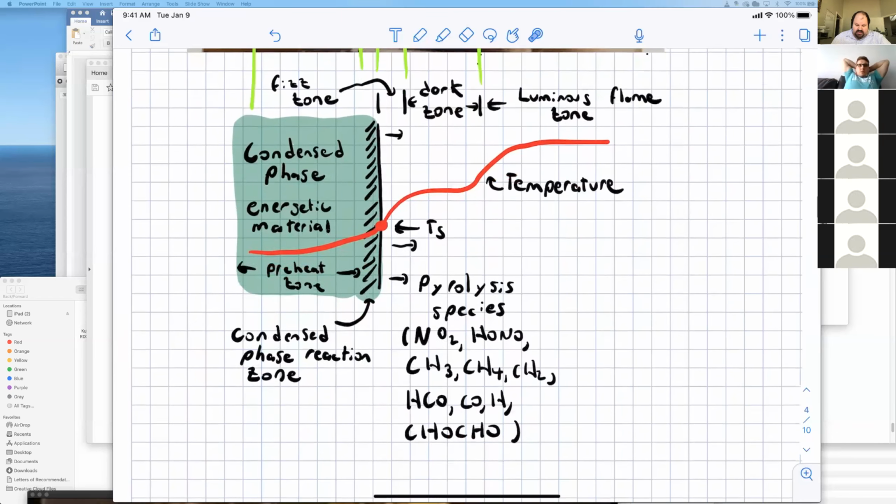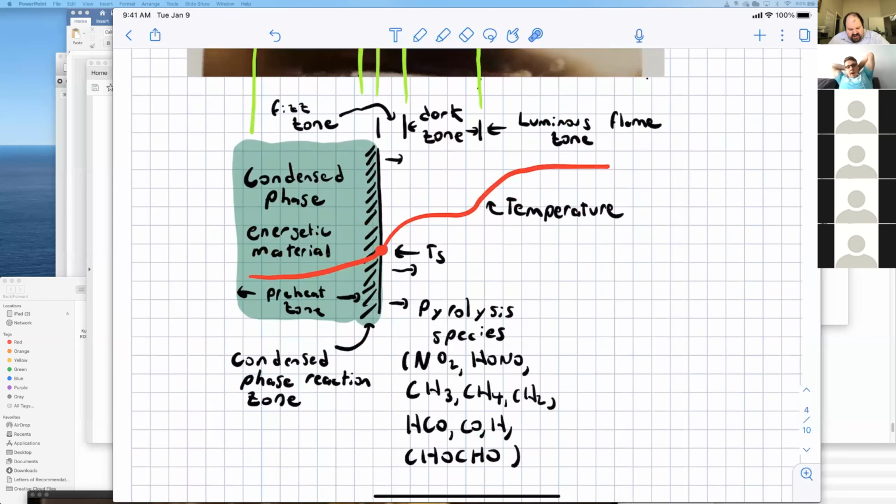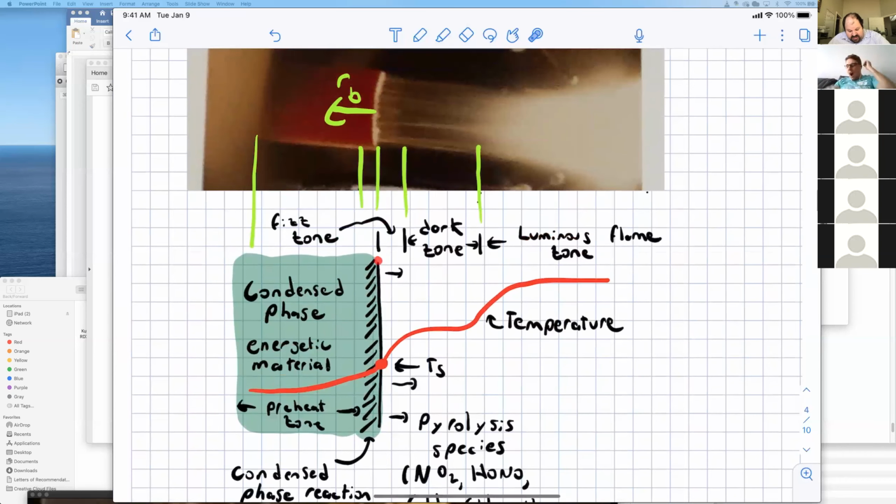If I plot the temperature profile, here I have the condensed phase, which I draw in green, because one of the most common double-base propellants is green. This is the condensed phase region, this is the condensed phase reaction zone, this is the fizz zone, the dark zone right here, and the luminous flame zone right here.